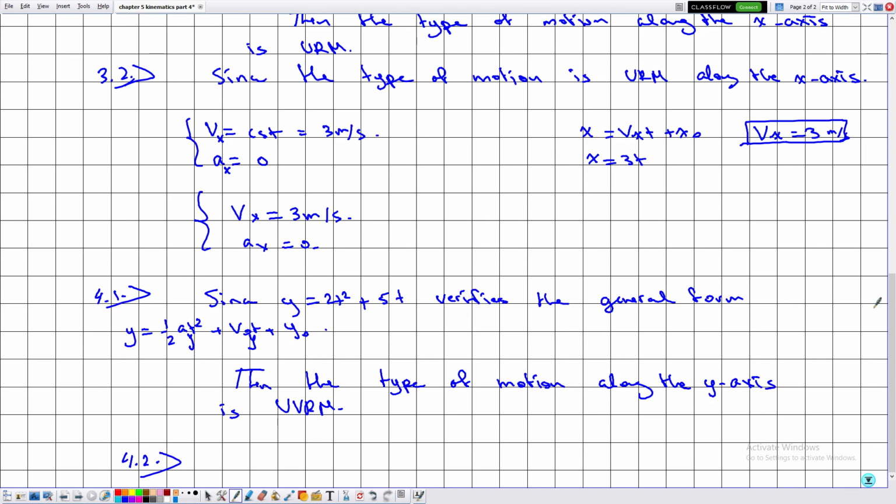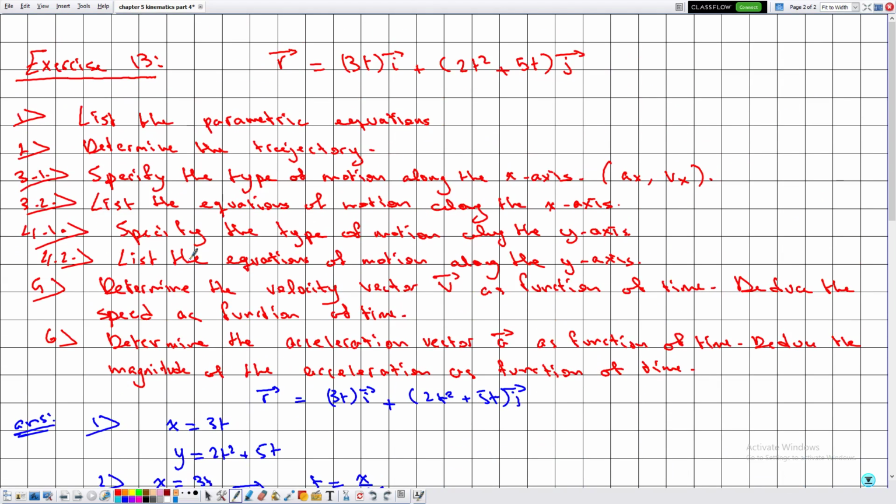Now if we refer to 4.2, they are asking me to determine or list the equations of motion along the y-axis. So we need to list a of y and v of y. Here v of y is for sure a function of time.